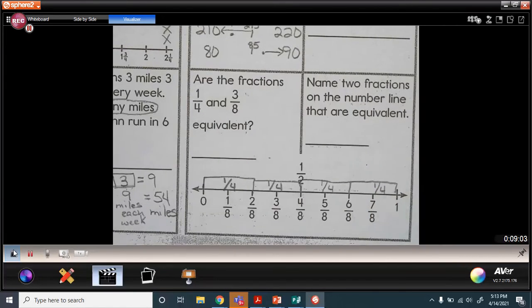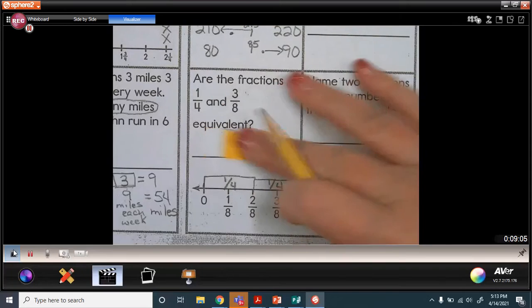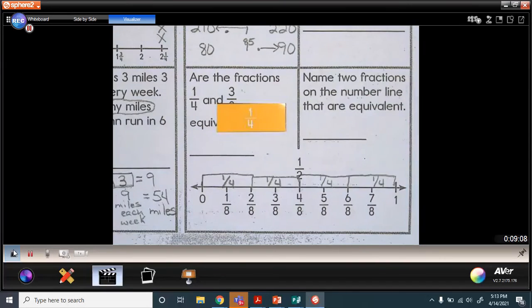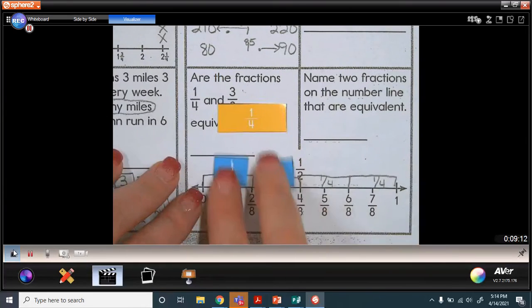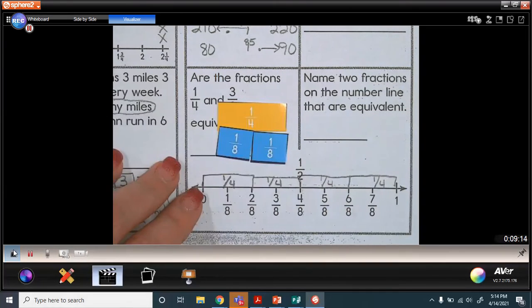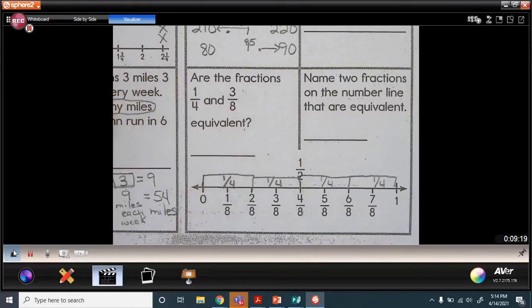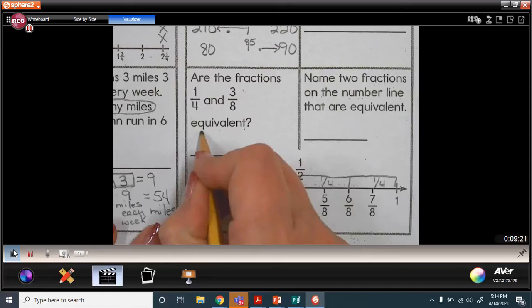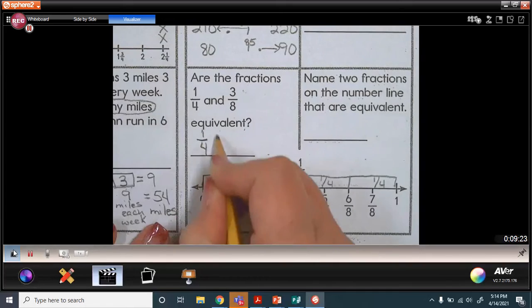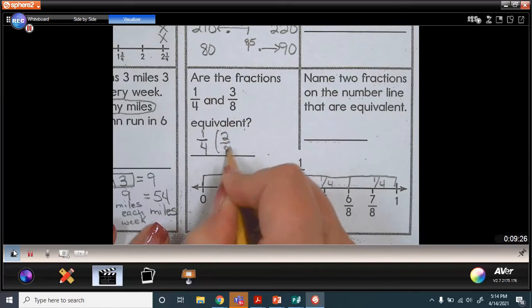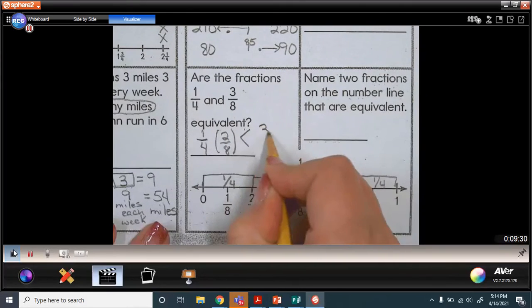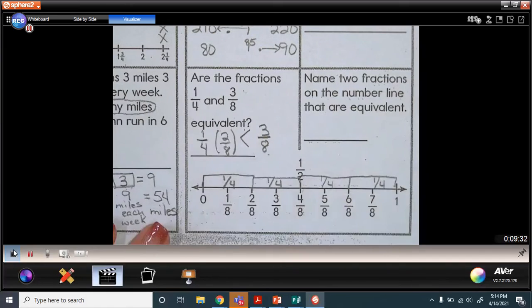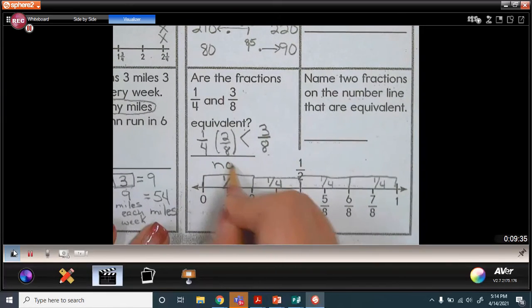So just remember that 1/4, if you recall, when we were using our understanding of taking the fourth and breaking it up into 2 pieces, 1/4 is equal to 2/8. So we know that this is not equivalent. We know that 1/4, which is actually 2/8, if we were going to use that to compare, is less than 3/8. And so no, these are not equivalent.